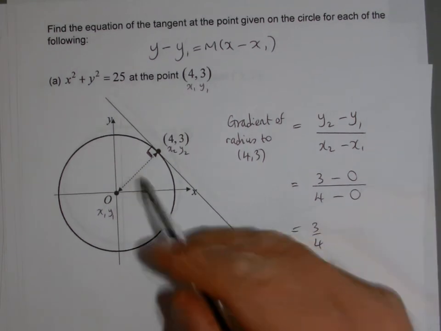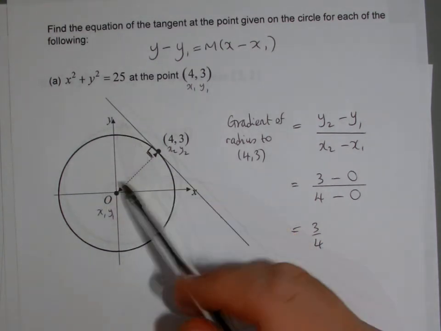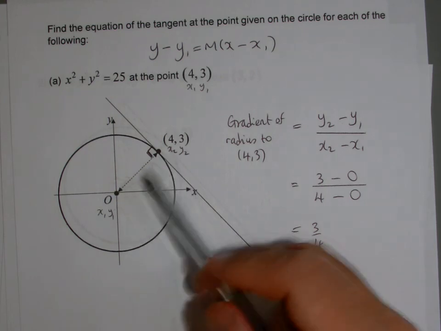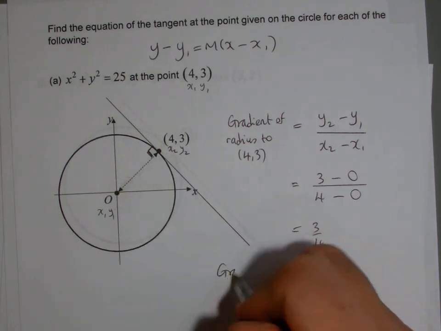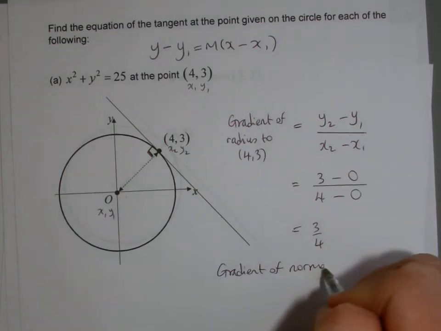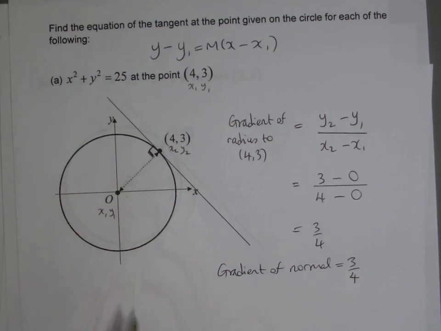So that's the gradient of the radius there, but we want the gradient that's perpendicular to it. So remember, if this is the tangent, this would be called the normal, wouldn't it? So we could just simply call that the gradient of the normal is 3/4.